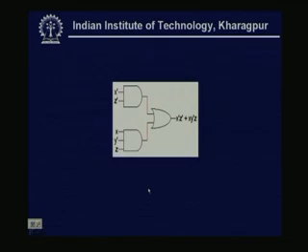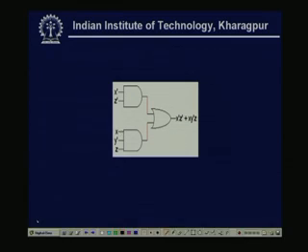Now, see that here there is one simple circuit, 2 AND gates and 1 OR gate, and the input of the first AND gate is x. So, what does this function realize?